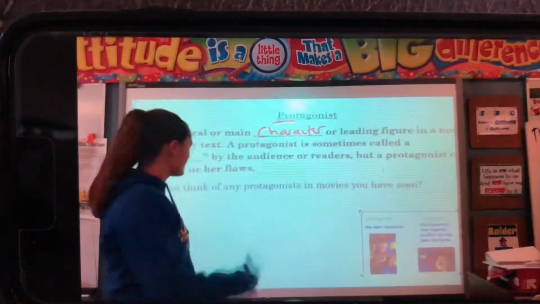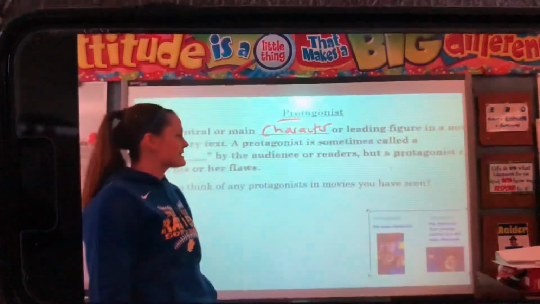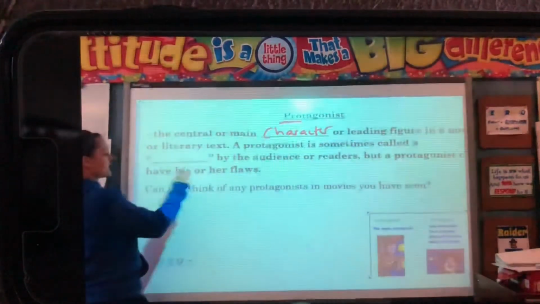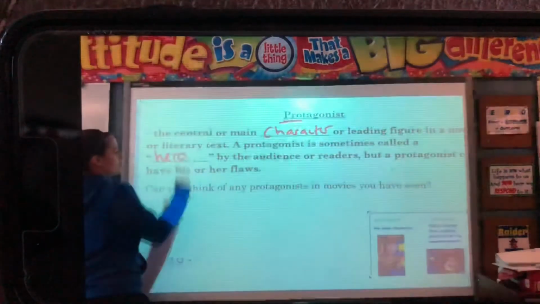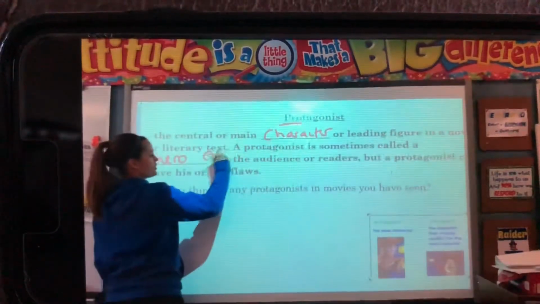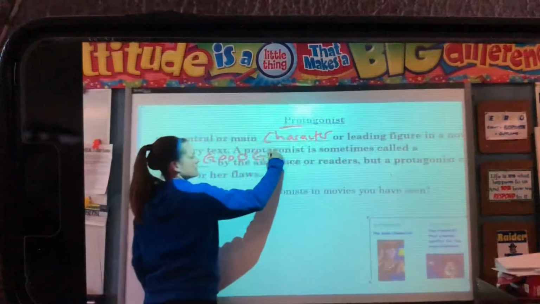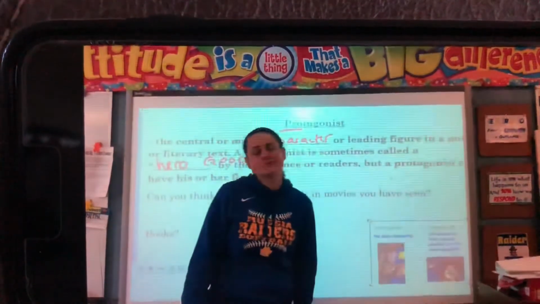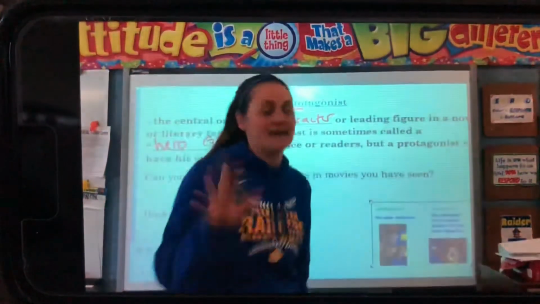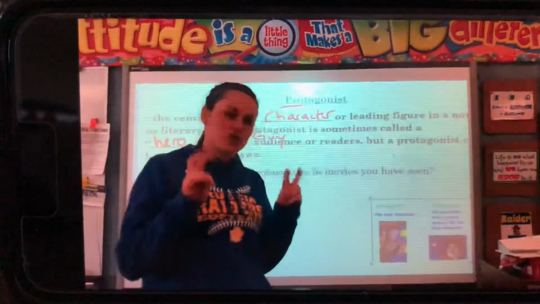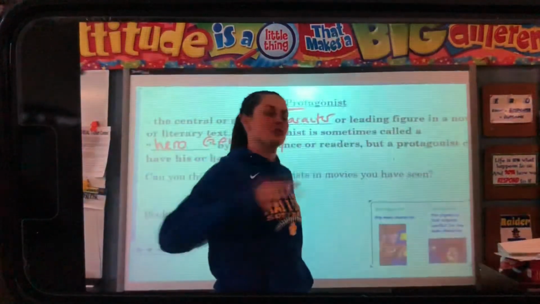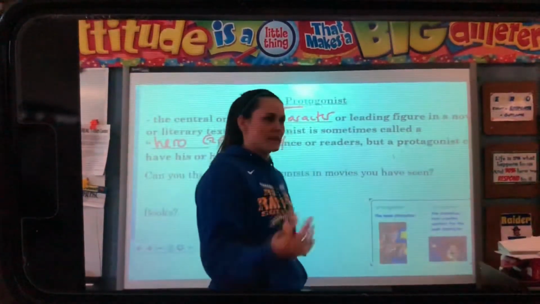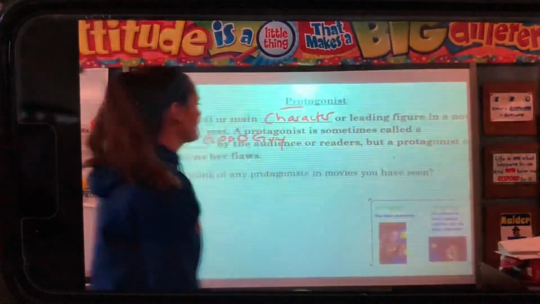And the leading figure in the novel. A protagonist is often called kind of like the hero, or you might hear be called the good guy by the audience or the readers. Now, just because I said good guy doesn't mean it has to always be a guy. Just the good guy in the book, like the person that's doing the right things and trying to do what's good, right? The hero in the book.